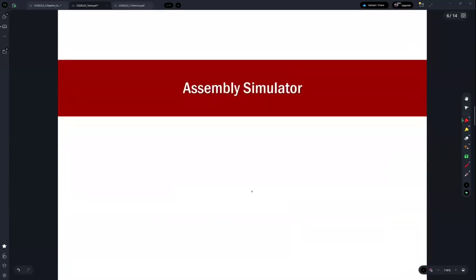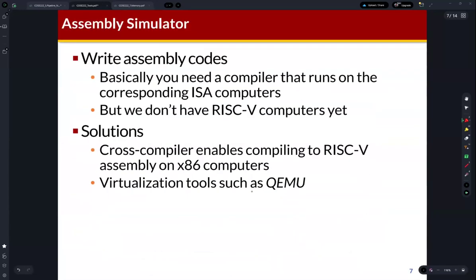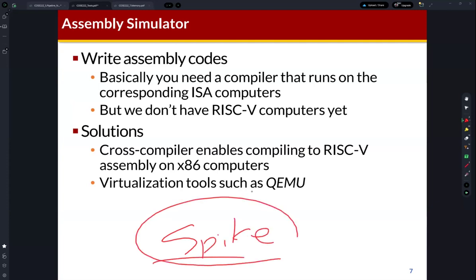We actually use a kind of simulator in our lab: Spike. Spike is a RISC-V ISA simulator, right?